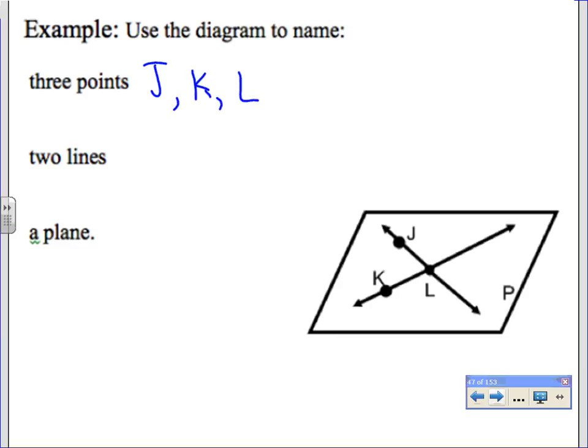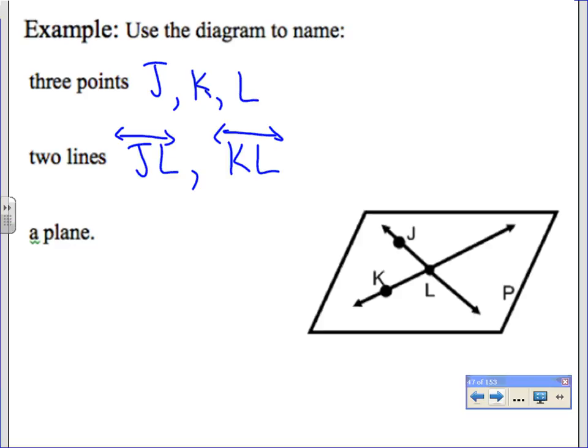You can give us 1 line. Nathan S? Good. JL. Nathan S, what goes above it? Good. Make sure you guys and girls put a line above it. We need another line. Grace? Good. KL. Grace, what goes above it? Good. If it's a line, make sure you put a line above it.